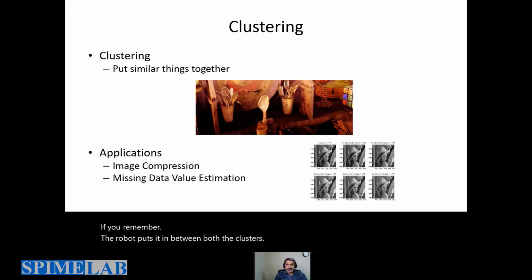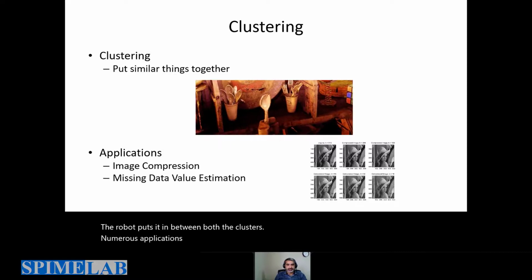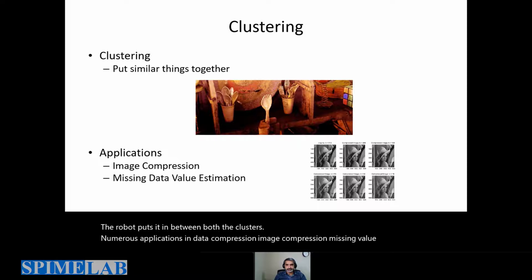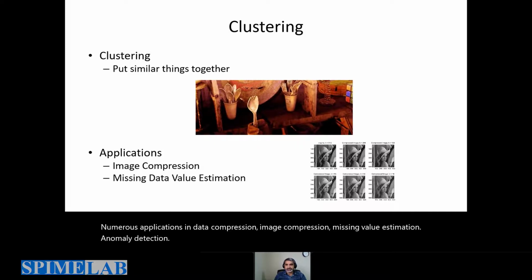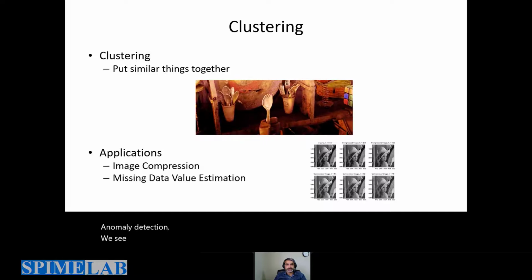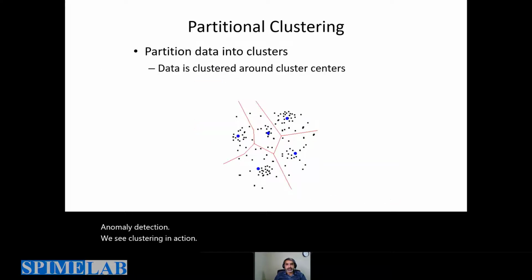Numerous applications in data compression, image compression, missing value estimation, anomaly detection, we see clustering in action. The first technique that we are going to do is part of the partitional clustering family.